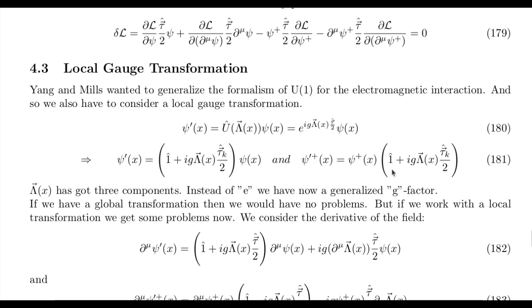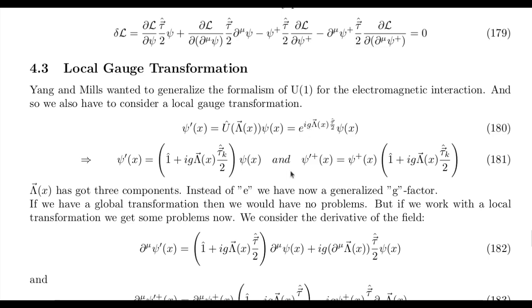Or for the hermitian conjugated version, we have this here, 181. Then we have written a factor g. In the electromagnetic interaction, we had written e for the elementary charge. But here we don't know which factor it should be, so we write a general factor g.